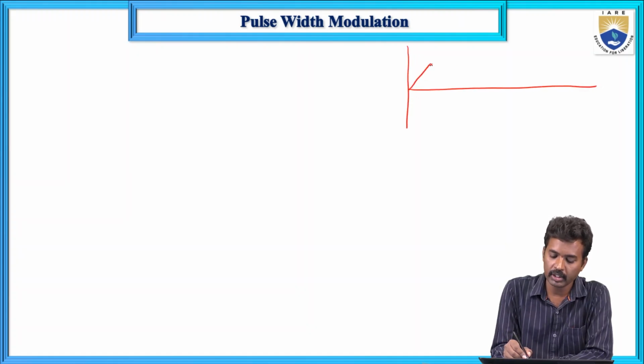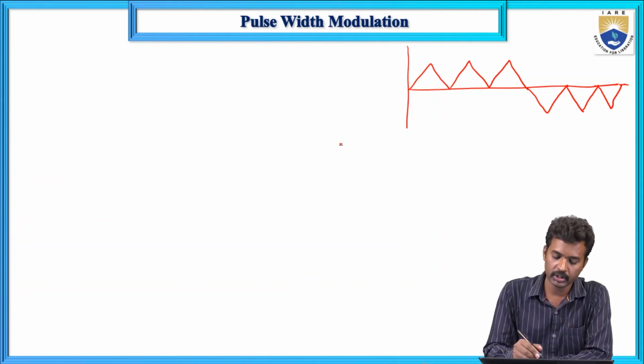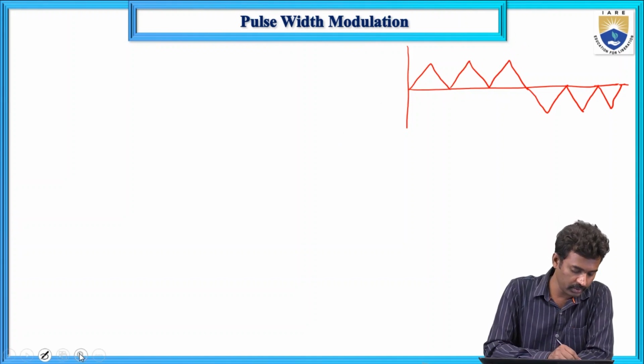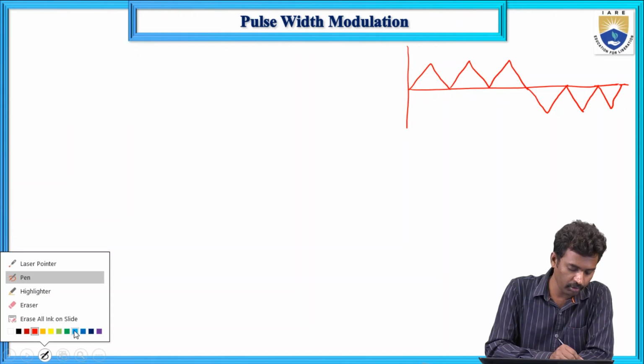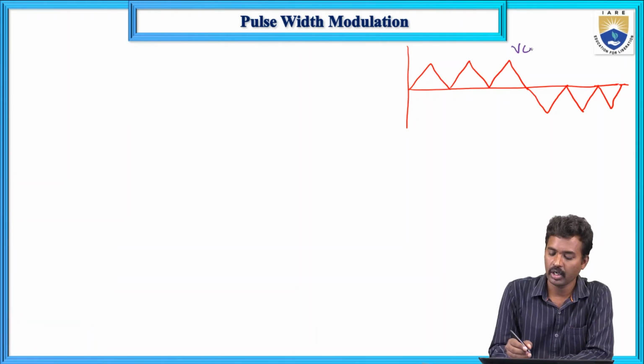First, this is the triangular carrier waveform. This is the V, this is the carrier waveform, VC.